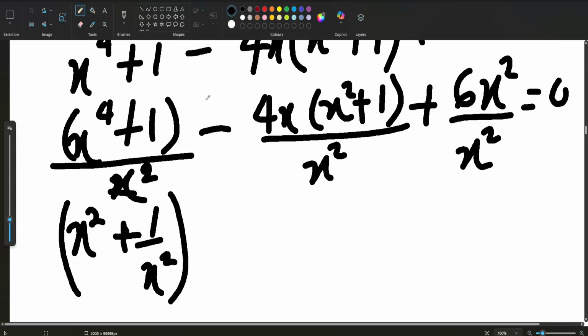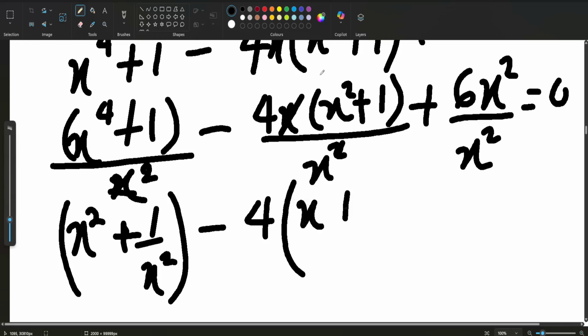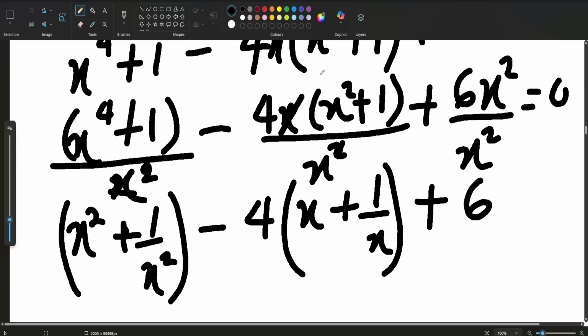Then if we use this to divide this, it cuts, and there will only be one x left at the denominator. That x, if it goes into the brackets, becomes x plus 1 over x. Then plus 6 equals 0.